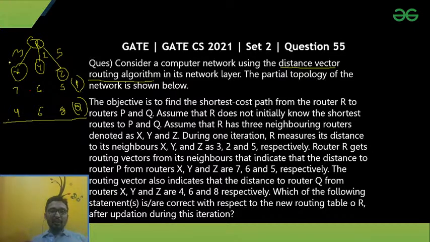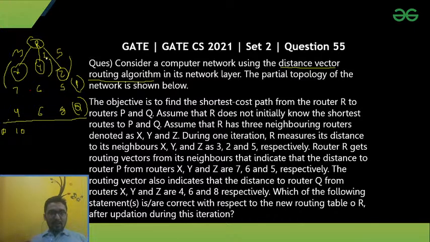So R will try to minimize its distance to P. It will sum these values and take their minimum. For P, to reach P via X, it will cost 7 plus 3, which is 10.